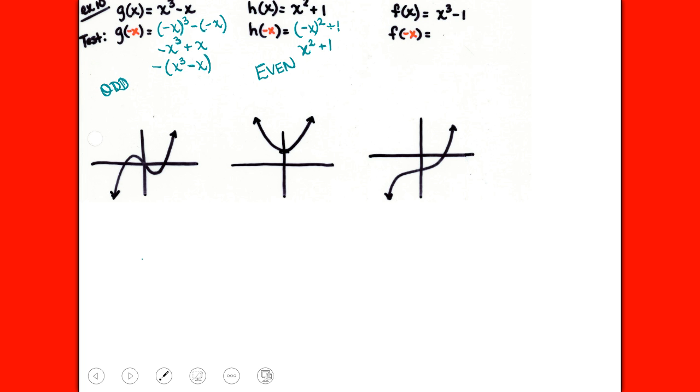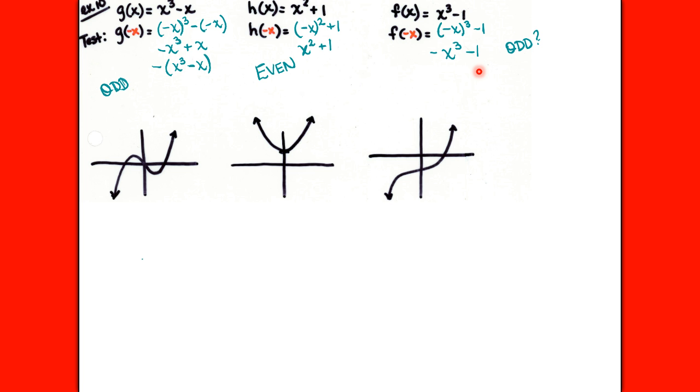All right, look at the last one. If I put negative x in the place of x in that function, you told me a moment ago that the negative cubed would remain negative, so we would get negative x cubed minus 1. So what is that? Well, it looks odd, doesn't it? I had x to the third minus 1, and now I have the opposite of x to the third minus 1, right?